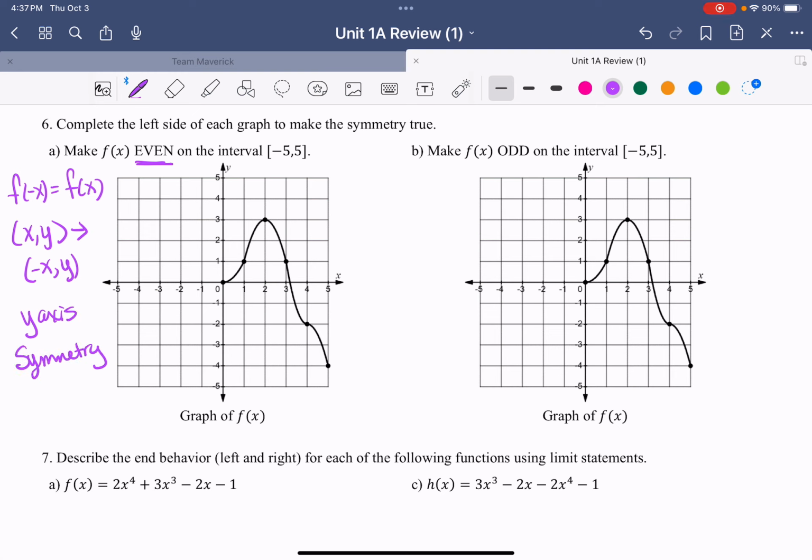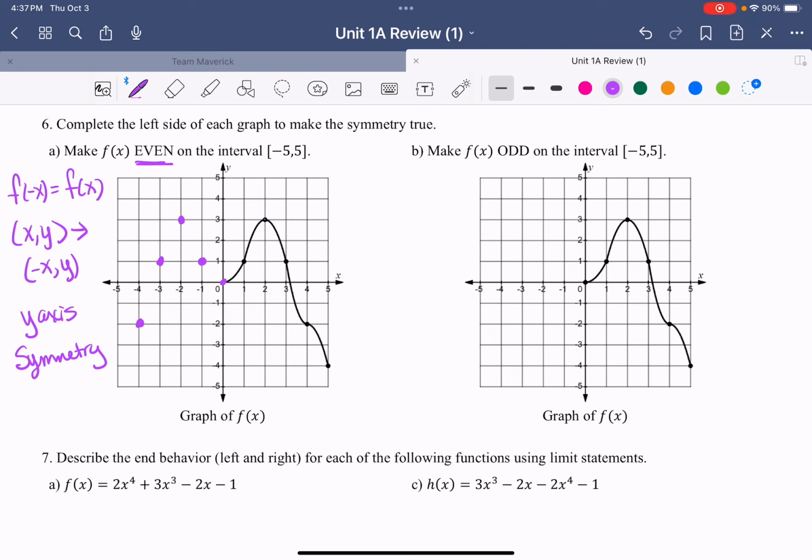Okay, so that means 0, 0 would be 0, 0. This point that's 1, 1, I'd have a negative 1, 1. Basically, everything just reflects across the y-axis. So this point, which is at 2, 3, I'd have a point at negative 2, 3. This point here, which is at 3, 1, I'd have at negative 3, 1. This point here, which is at 4, negative 2, I'm going to go to negative 4, negative 2.